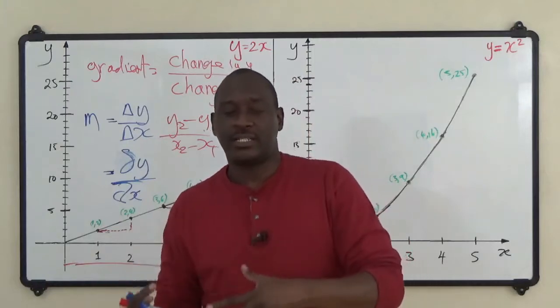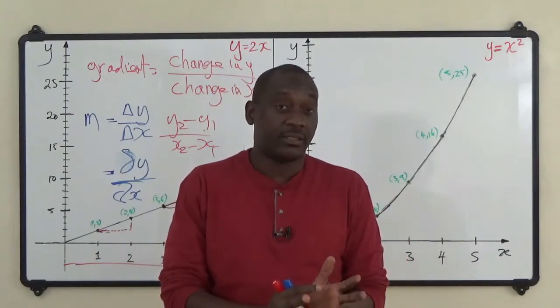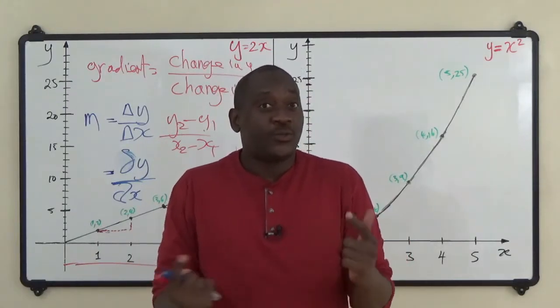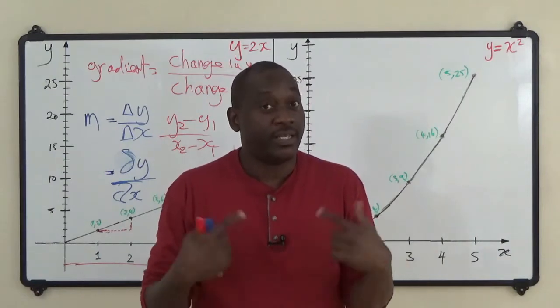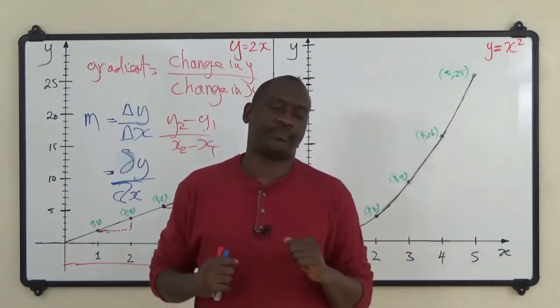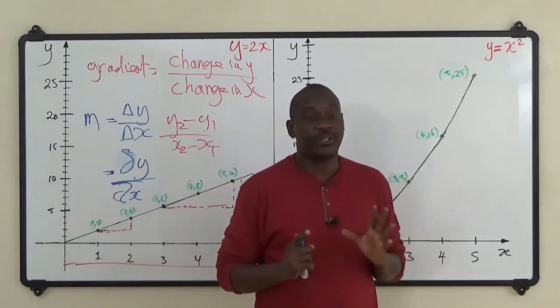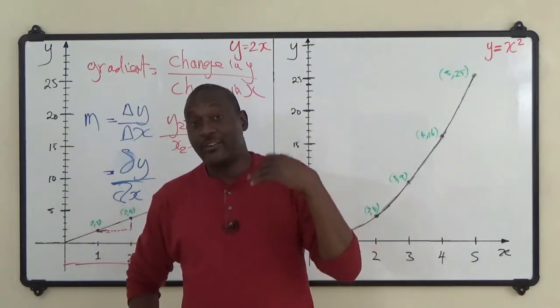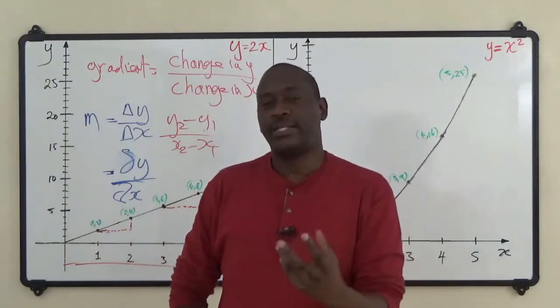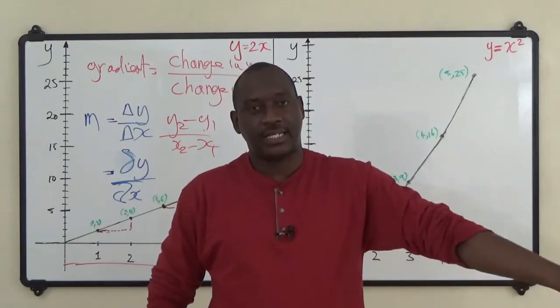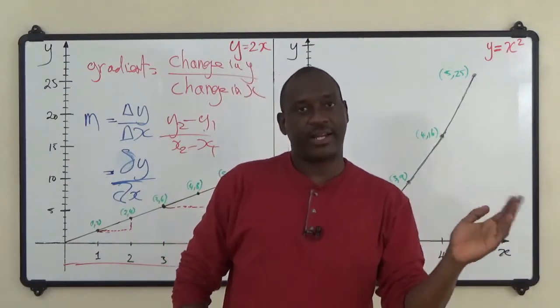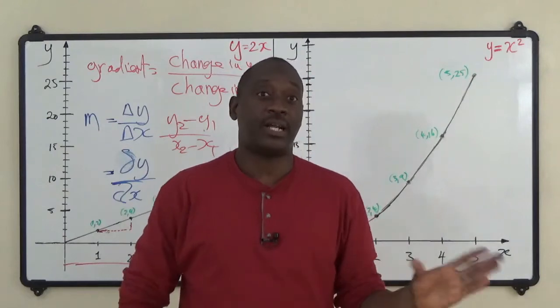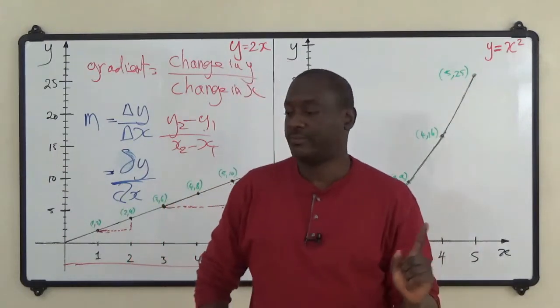The average change in y over the change in x between 2 points on a curve. You could define that too. And you could also define the gradient at a single point on the curve. That is where you start to move in the direction of what we refer to as differential calculus. We'll come to that soon.